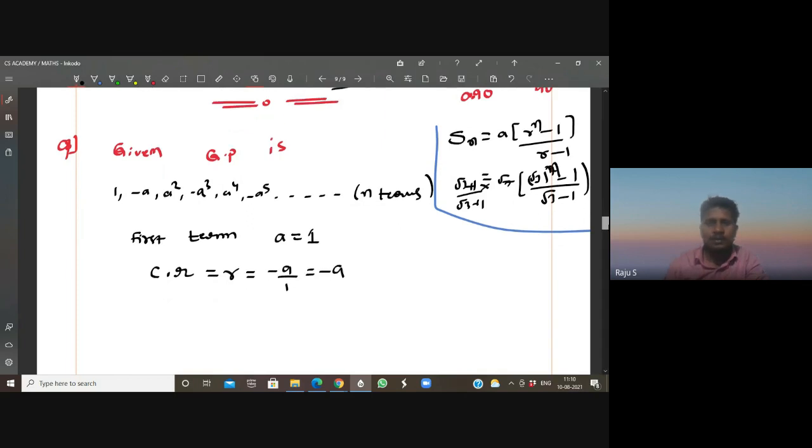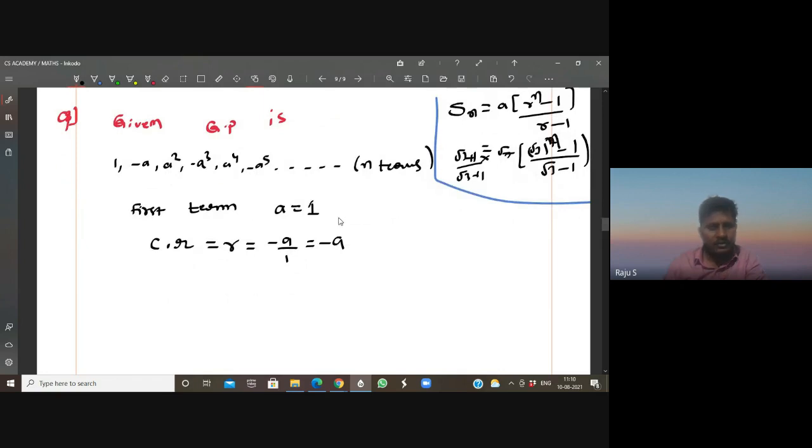So the common ratio is minus a, and the first term is 1. Students, is the common ratio greater than 1 or lesser than 1? Sir, it is lesser than 1, because it is negative. Every negative value is lesser than 0, so you have to take it as lesser than 1. Now what is the Sn formula we need to use?